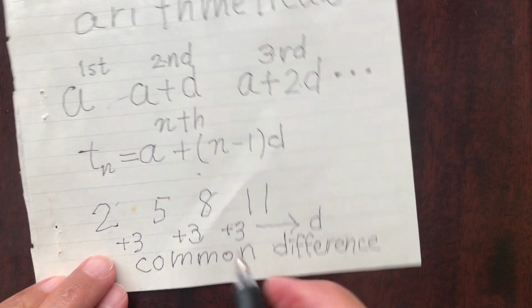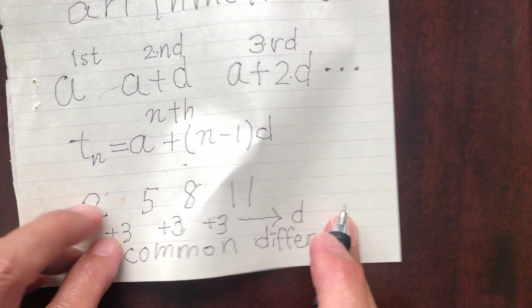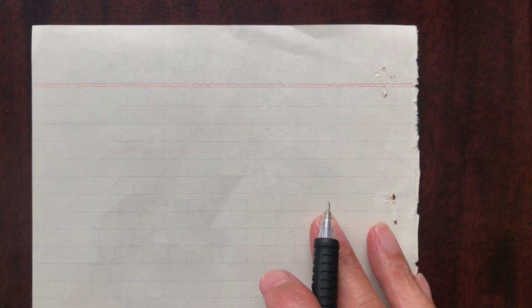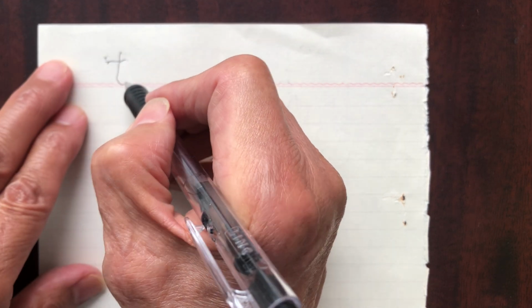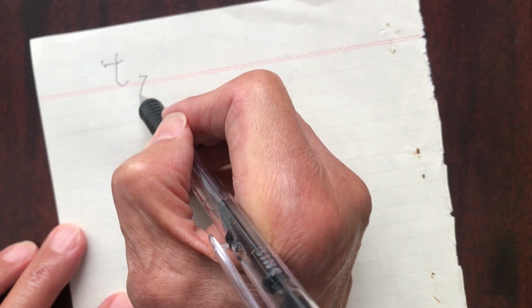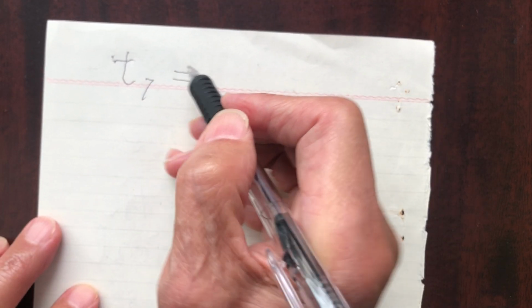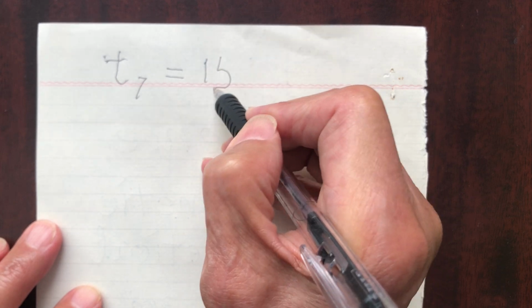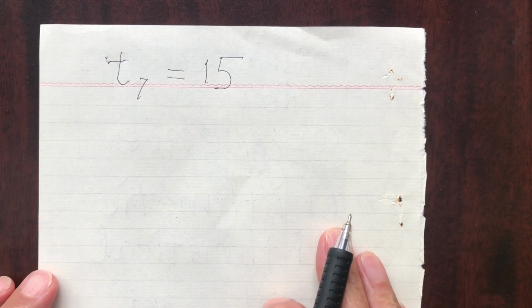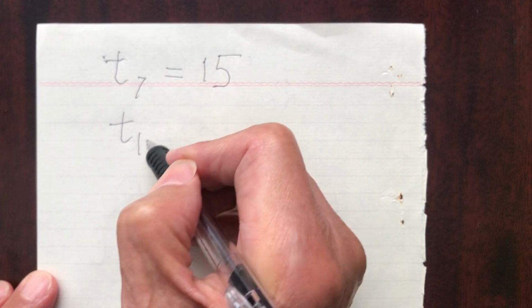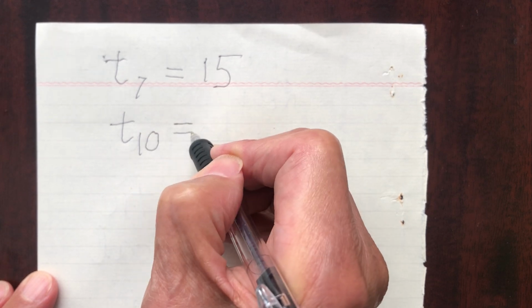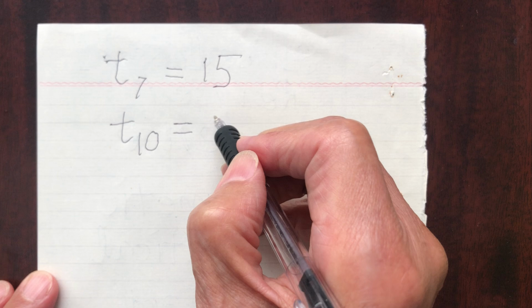Let's have another example. Given the seventh term is 15, and given the 10th term is 21.